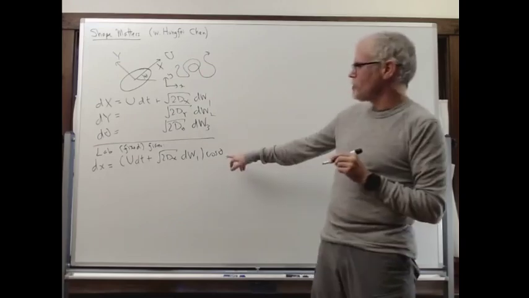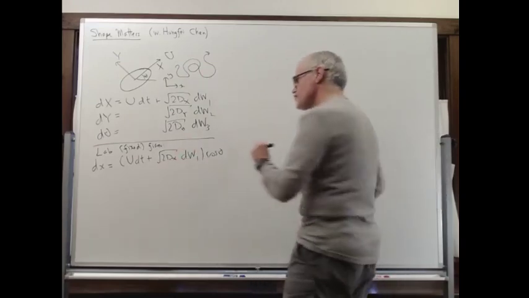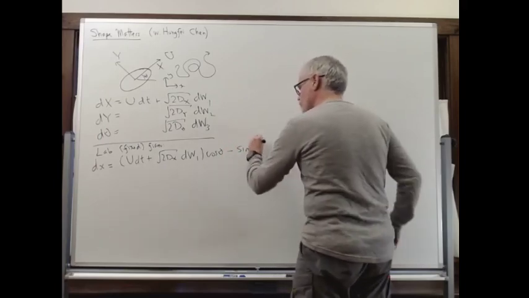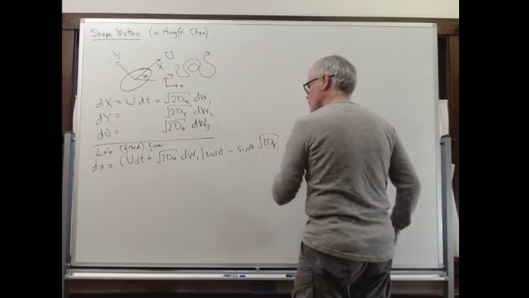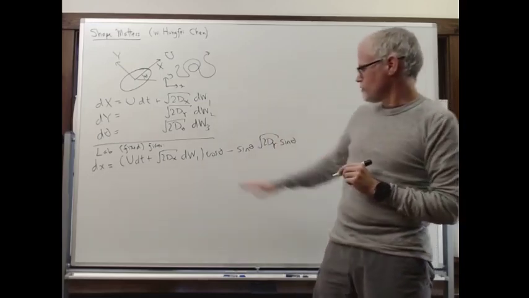In other words, there's a rotation by cos theta that mixes these two equations, with the normalization such that it's a counterclockwise rotation, minus root 2 D_y sine theta dW2.